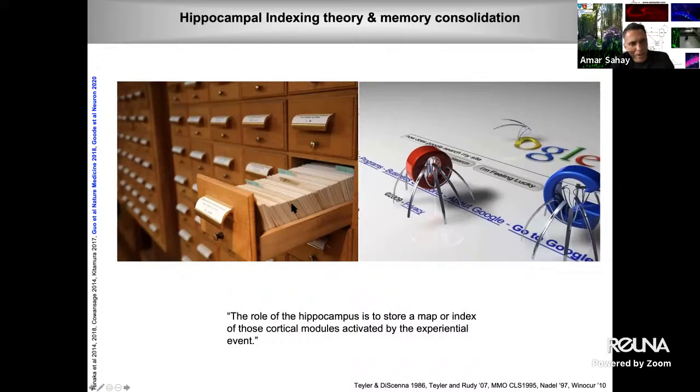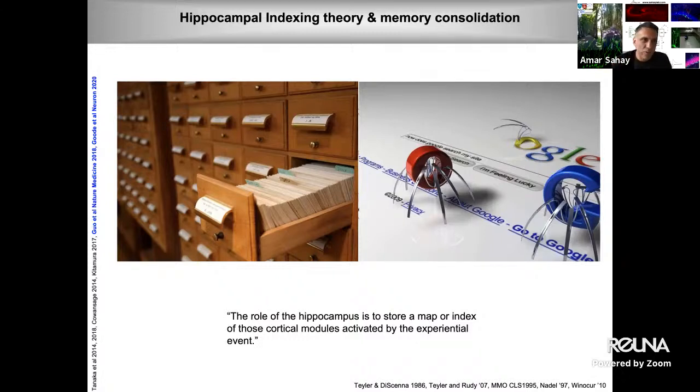For everyone out there in my generation who's been to libraries, these index cards are linked to details in books distributed in shelves, much like the neocortex. And for all the millennials out there who've never been to a library, it's like a Google search word, which is linked to the details distributed in servers around the world.